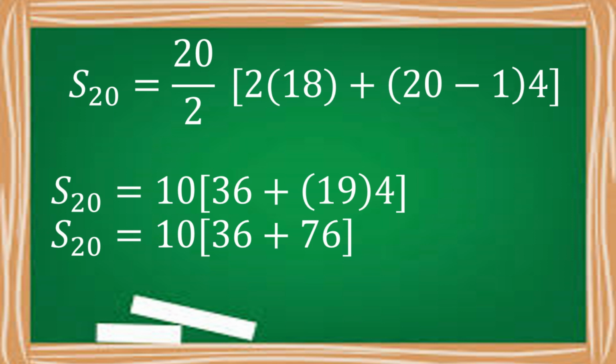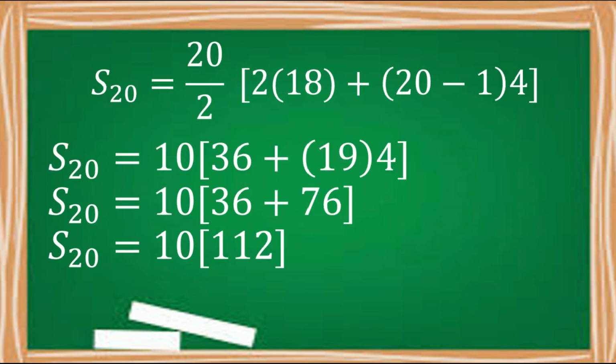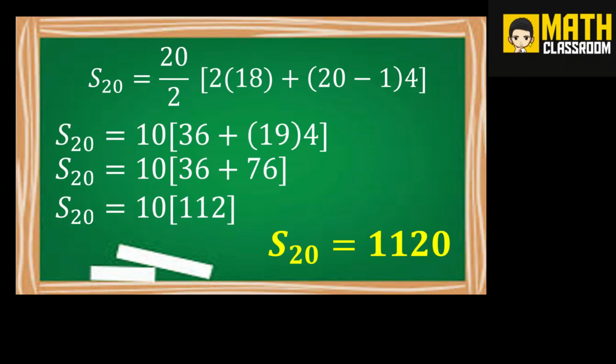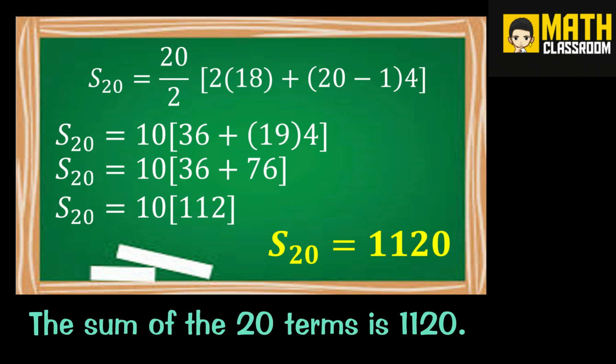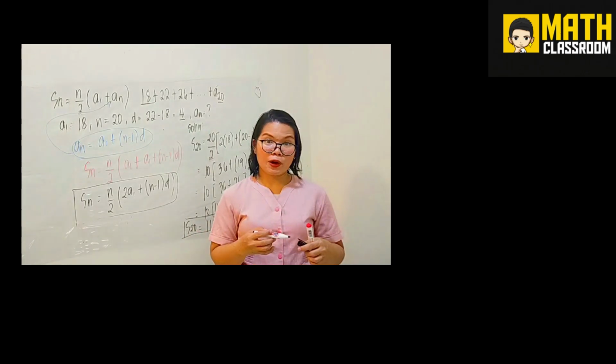We could have it as 10 multiplied to 112. Therefore, 10 times 112, the answer is 1,120. Therefore, the sum of the 20 terms is 1,120.